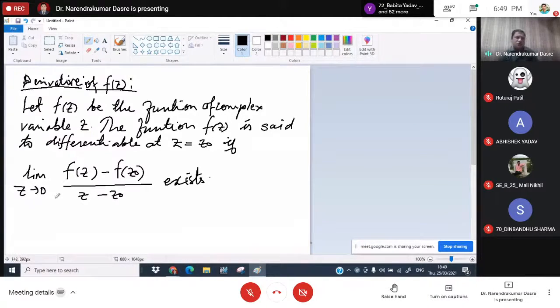If this limit exists, then we say the function is differentiable at this point z0.